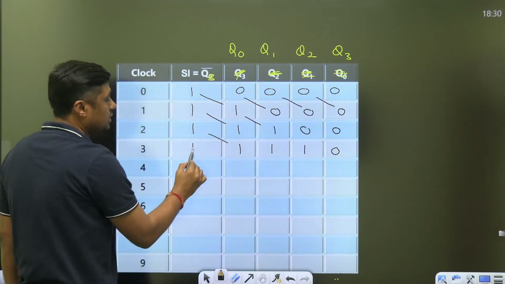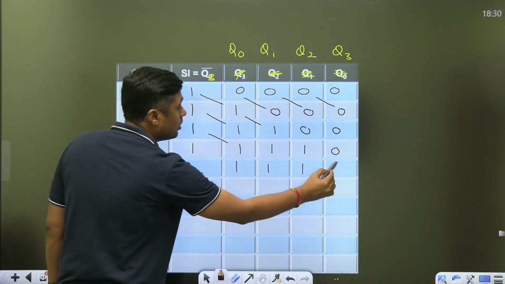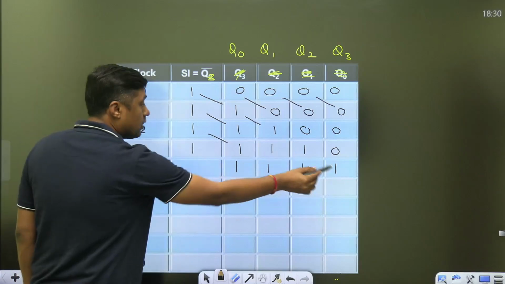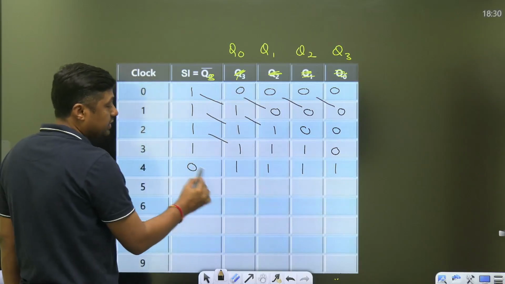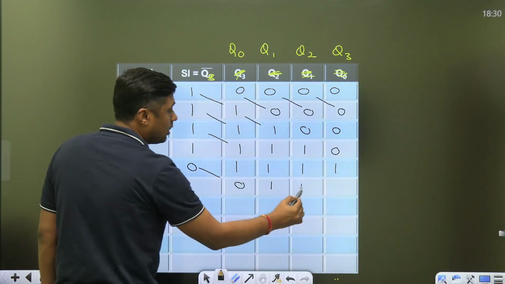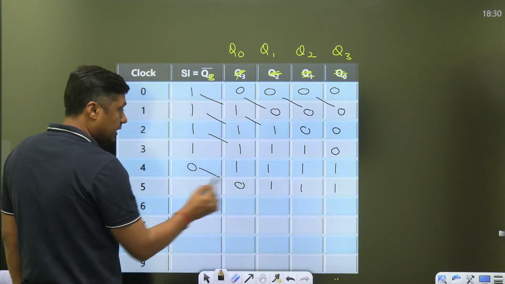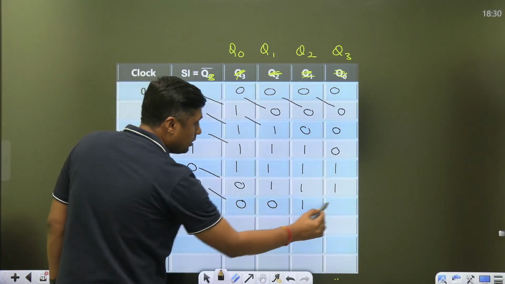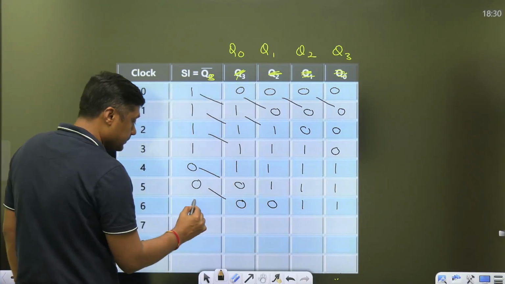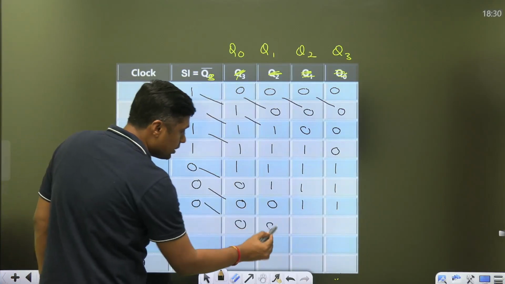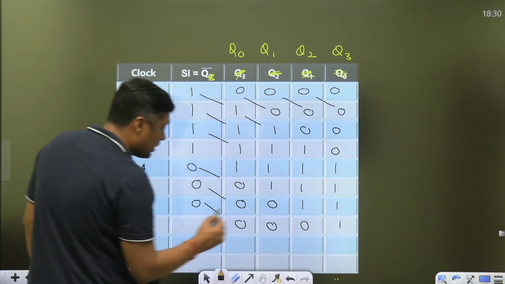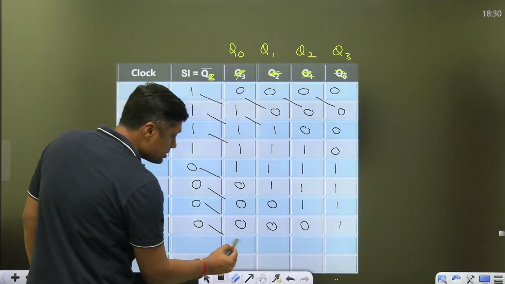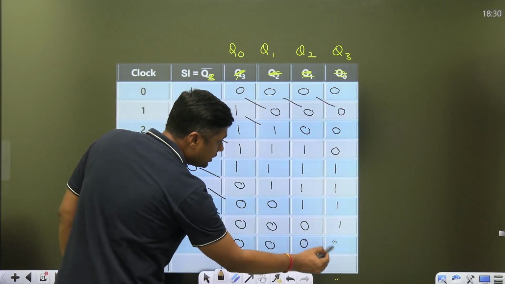This will become 1, 1, 1, 1, 1. Now this 1 will become 0 because it is inverted. Then it will become 0, 1, 1, 1. Then again 0, then 0, 0, 1, 1, then 0, 0, 0, 0, 1, and then it will become 0, 0, 0, 0, 0, guys.